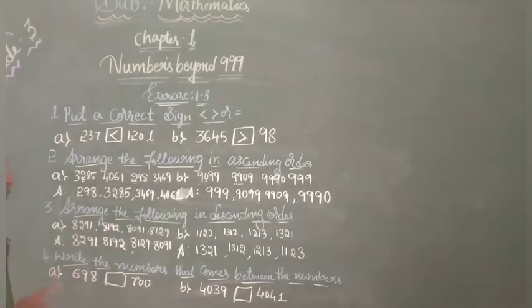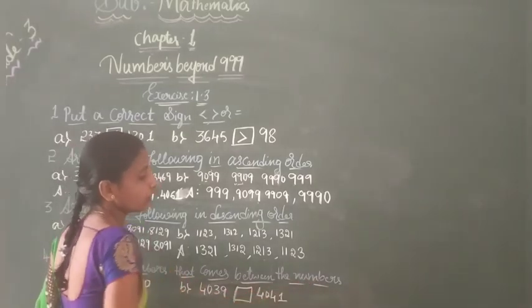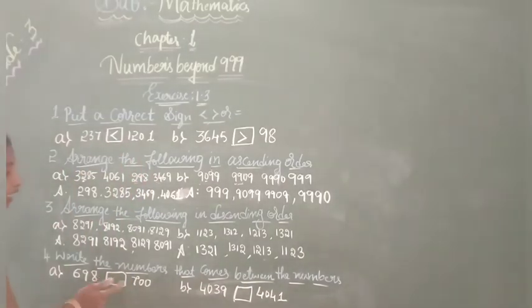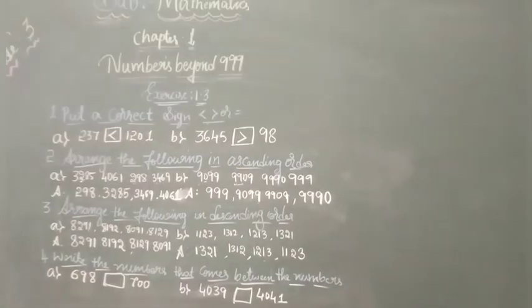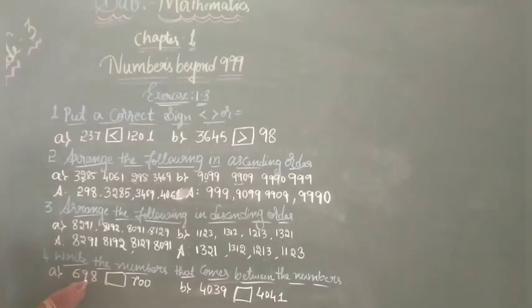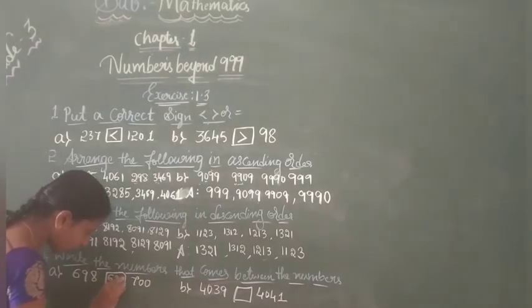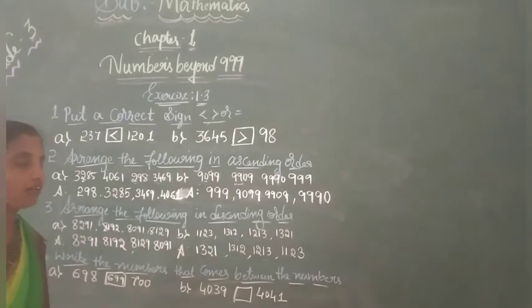Next, here is the fourth one. Write the numbers that come between the numbers. Here they have given the before and after numbers. You have to write the between numbers. Look, 698. Next number is what? 699. Is it clear? Then 700.